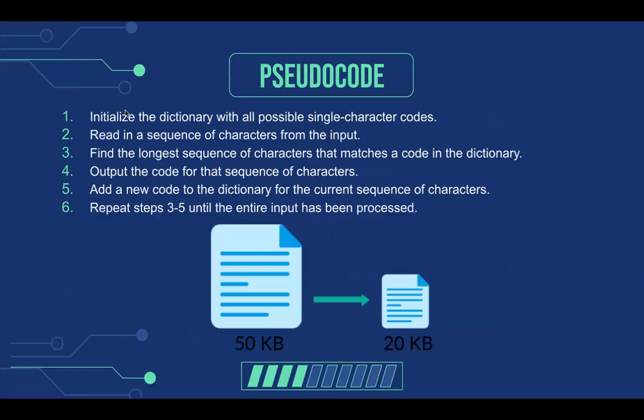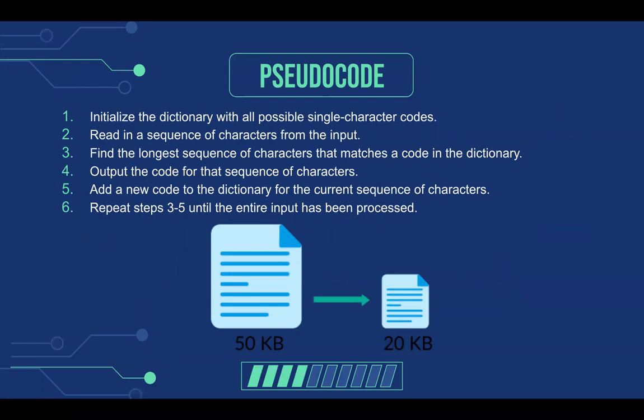Now if we take a closer look at the LZW compression algorithm, there are six steps involved in it. Initially, we initialize a dictionary with all possible character codes. This means that each character in the input data is assigned a unique code.